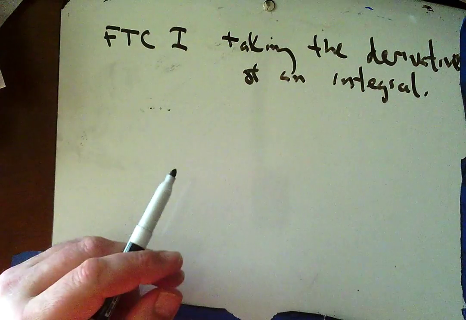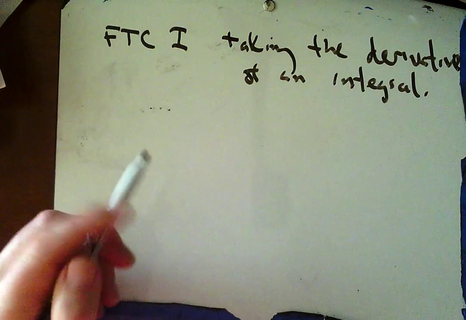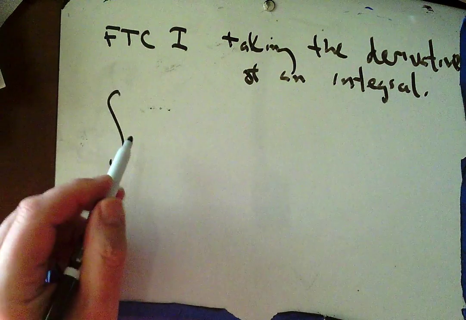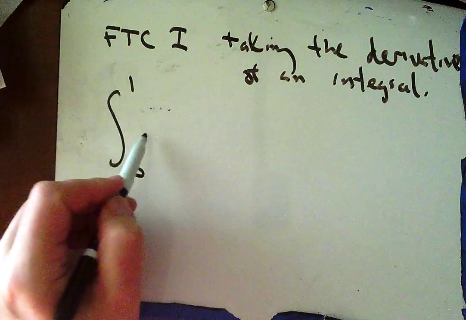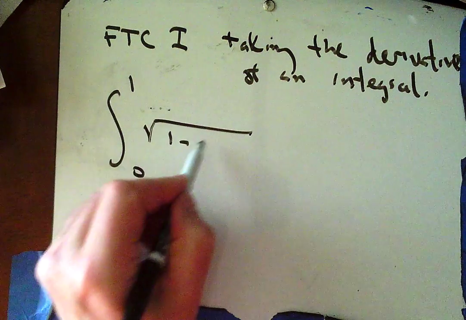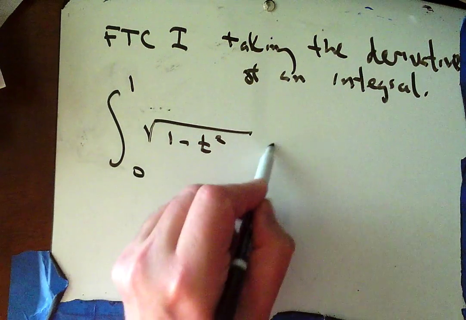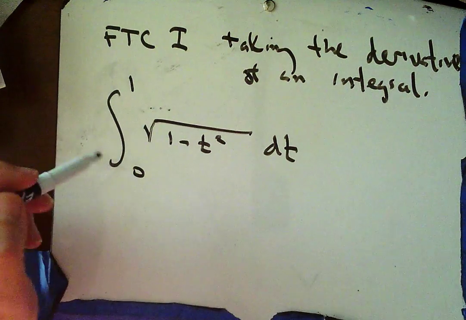Okay. Now, what about this one? The integral from 0 to 1 of the square root of 1 minus t squared dt. Will you please do this problem?